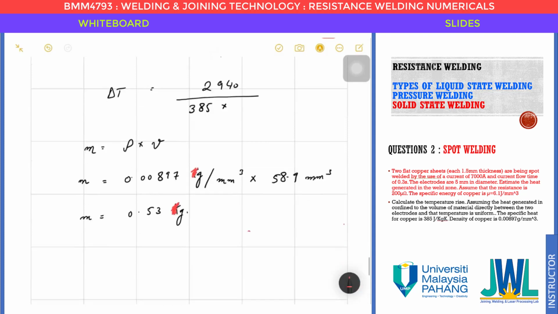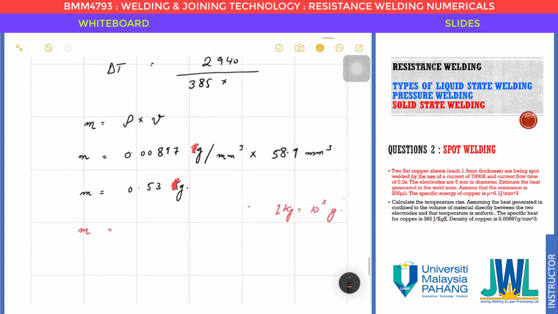Now I need to convert mass from grams into kilogram. 1 kg is equal to 10 to the power 3 grams, so 1 gram is equal to 10 to the power minus 3 kg. So this is 0.53 into 10 to the power minus 3 kg.